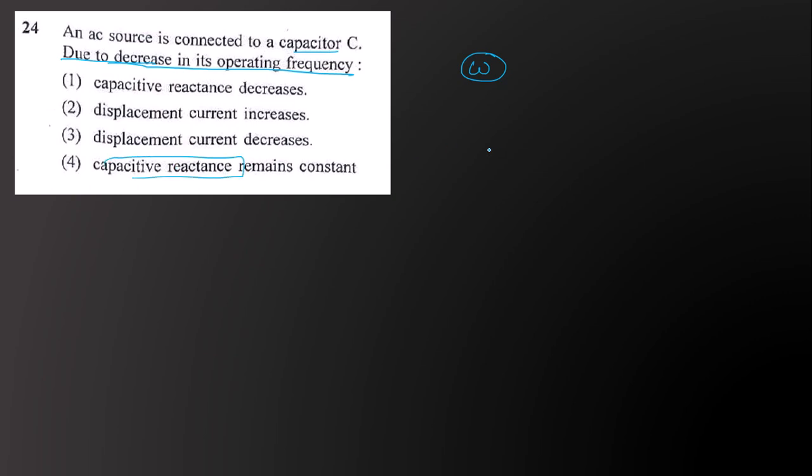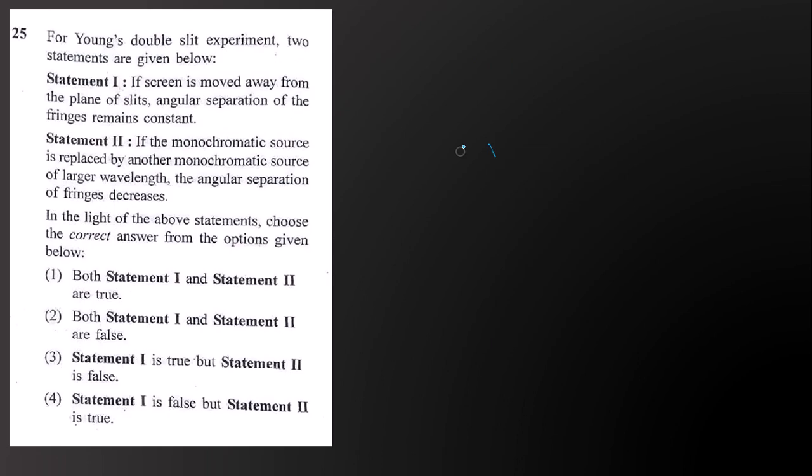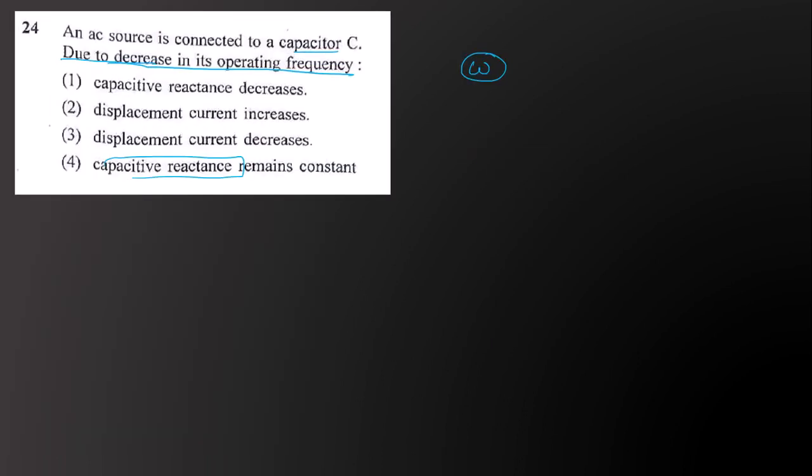Well, capacitive reactance means 1 by omega C. Now, if we decrease this one, then definitely this will increase, so it will not remain constant. So capacitive reactance will decrease, it mentioned. This is also incorrect.